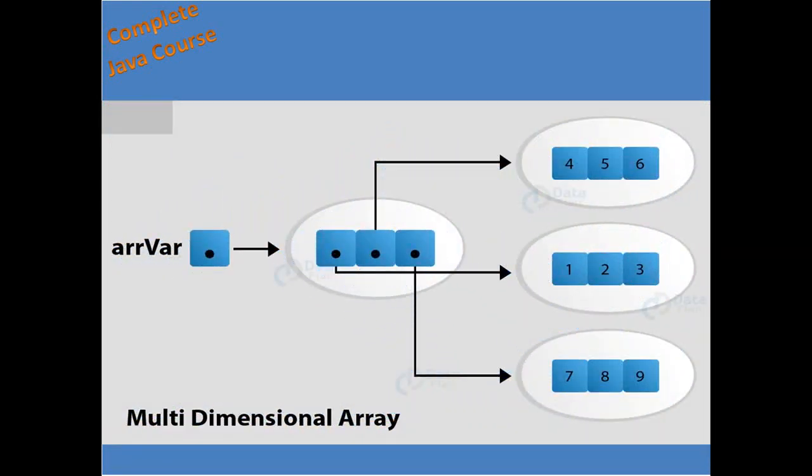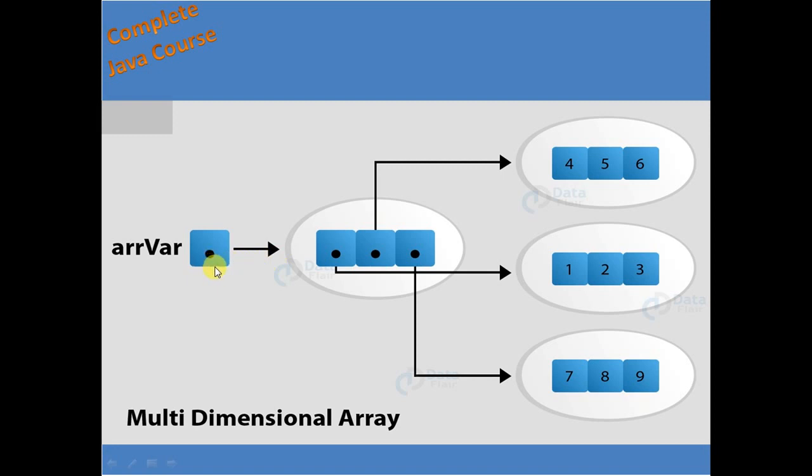Okay, now look, multi-dimensional array. In the multi-dimensional array, suppose here is a variable which is holding another variable's reference, and this reference variable means this array.